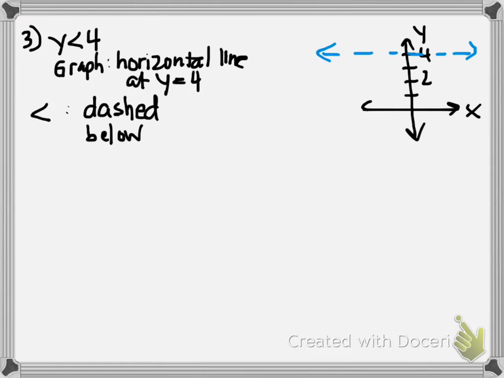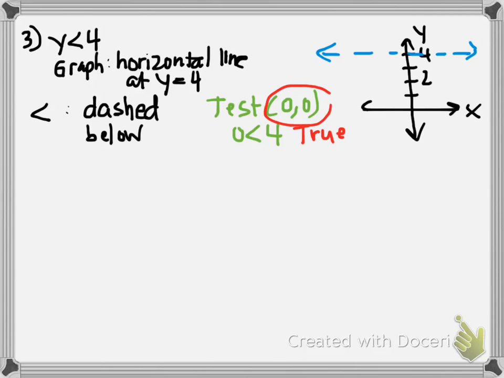So now I'm going to test my favorite point. He's not part of the boundary line, so I'm going to test my 0, 0. And I get 0 is less than 4. Is that true or false? True. That's true. So what that says is when you shade, you better be covering over where 0, 0 is, which is exactly what I get when I shade below.